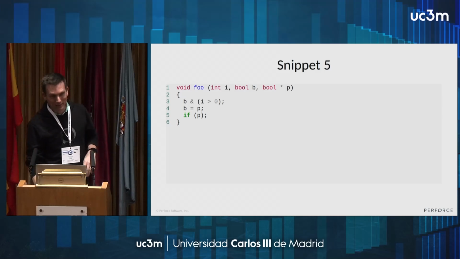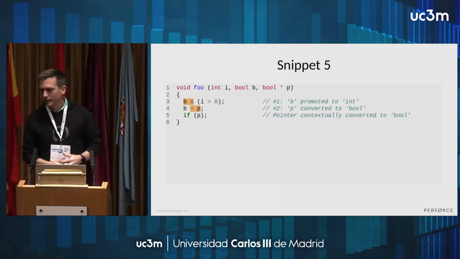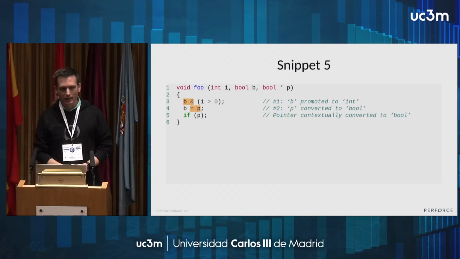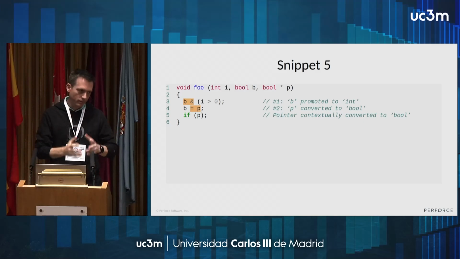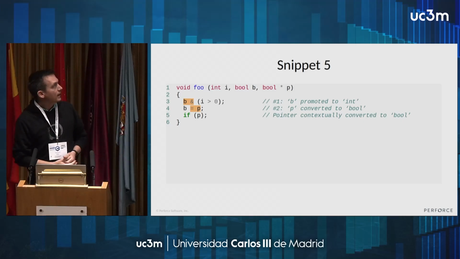Okay, so Peter got it right. It's 2. There's a special rule to allow the if pointer, basically. It's considered that you can implicitly convert from a pointer to bool in a contextually converted to bool context.